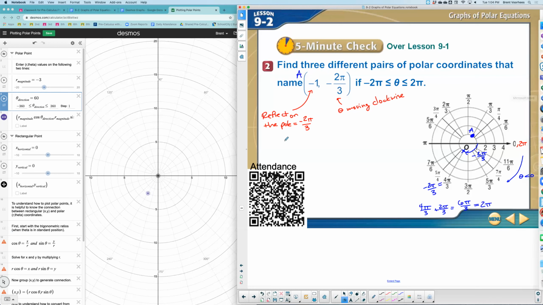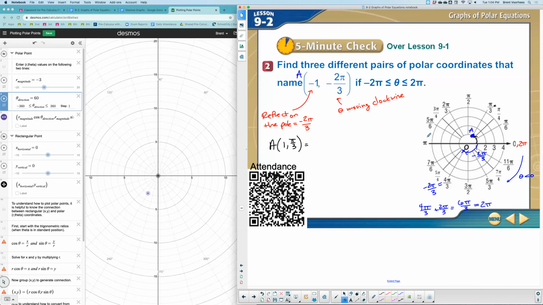So point A, if I was going to label it all 4 ways, the easiest way would be to think of it in terms of positives. It's 1 unit on pi over 3. And I could also say, if it's pi over 3 going this way, what would it be going all the way around? Well, it would just be negative 5 pi over 3. How did I get that?